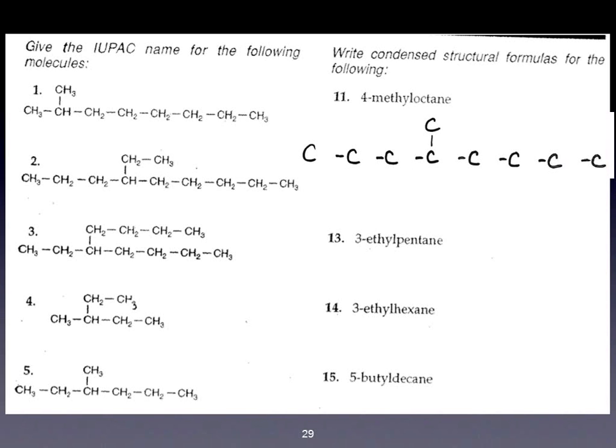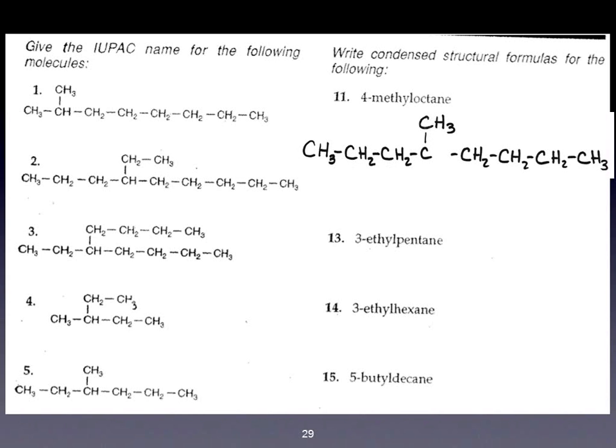Then let's add 3 hydrogens for the carbon atoms on the ends so that they have 4 bonds, 8 valence electrons, and 2 hydrogens for the carbons in the middle of the chain. Now, on this carbon number 4 in the parent chain, because it's bonded to 3 other atoms, one carbon here, one carbon here, and one carbon here, we only need to add 1 hydrogen atom.